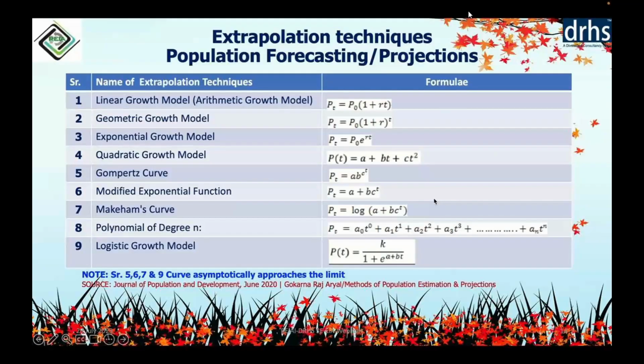Now come to the extrapolation technique. The data I have created is of 2011 and today is 2023. Many of the examiners, assessors from various organizations pointed this out, and they are very right. You are narrating in your report the 2011 data, and the current year is 2023.